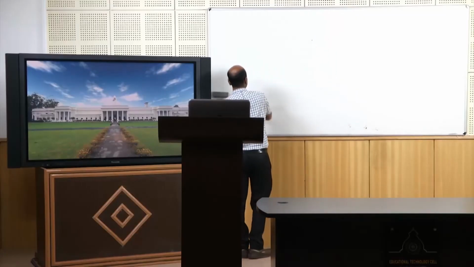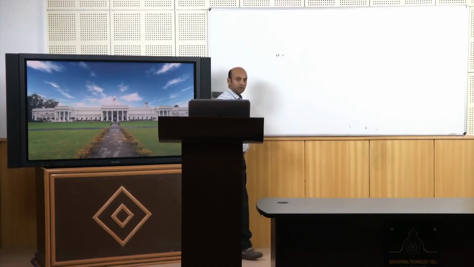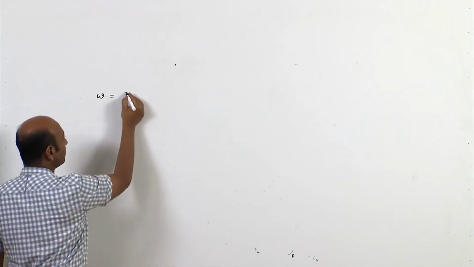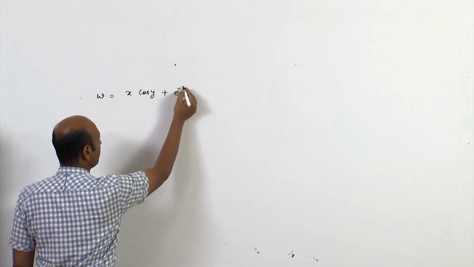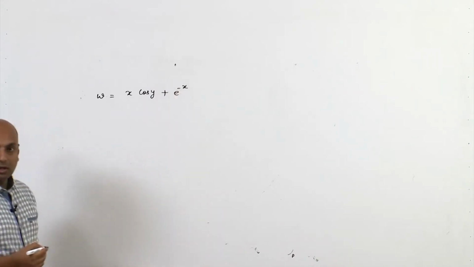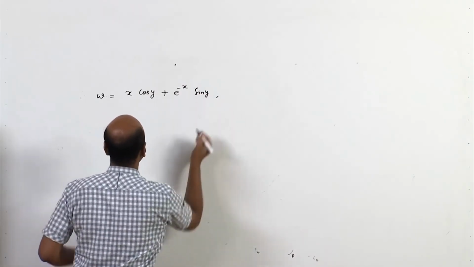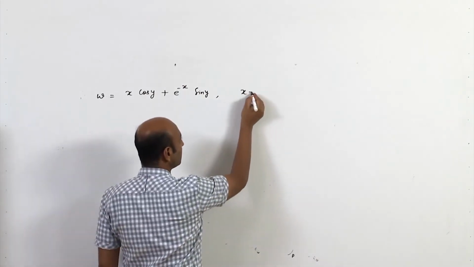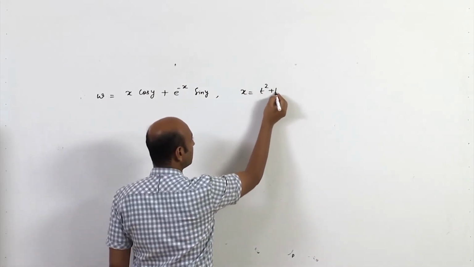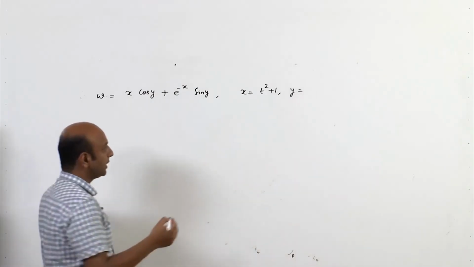The first problem is w is equal to x cos y plus e raised to power minus x into sin y. So, here w is a function of x and y, and x is t square plus 1 and y is simply 2t.